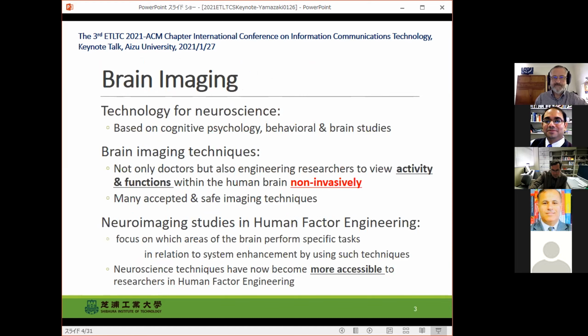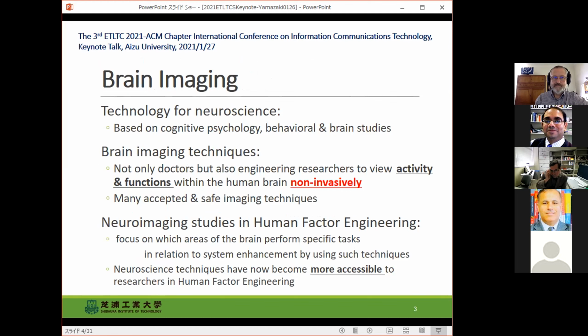So what is brain imaging? Well, this is a technology originated from brain studies, and many psychologists and behavioral scientists have been using this technique.